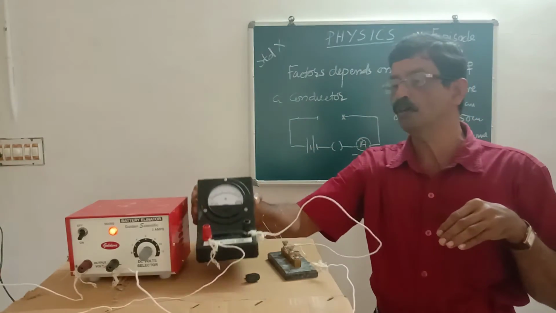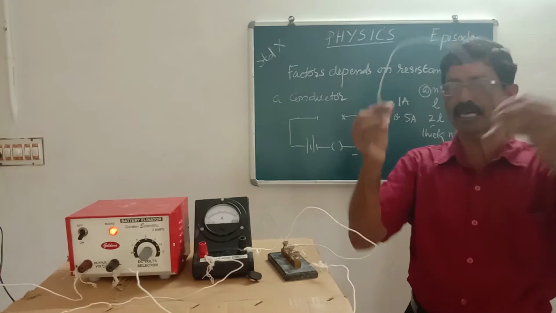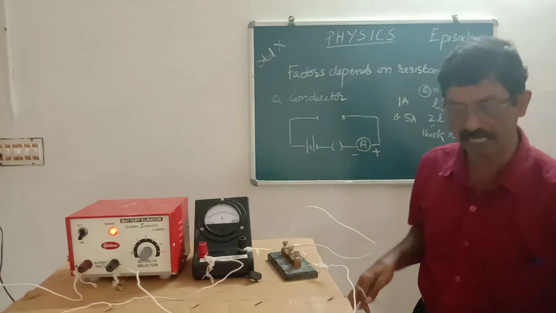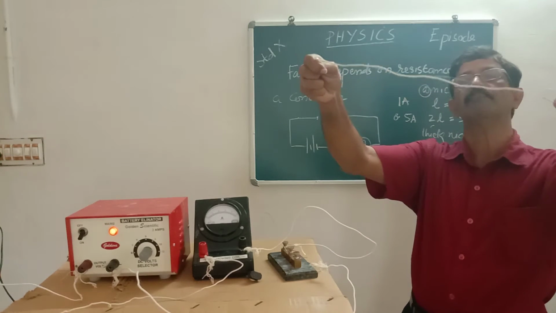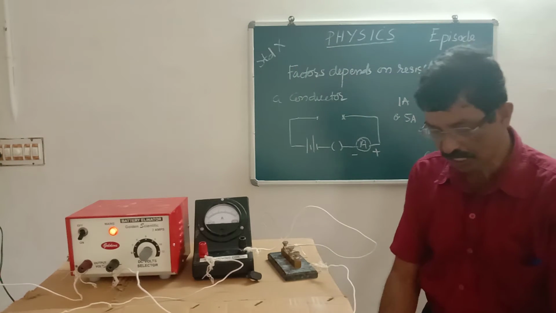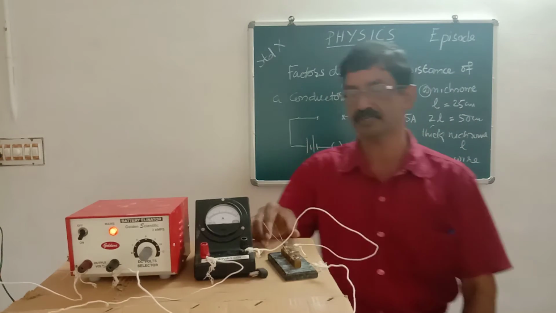The current now is 1 ampere. Now I am going to replace this nichrome wire. That means the lengths of these two are nearly equal. See, now I am going to replace this nichrome wire with a copper wire here.